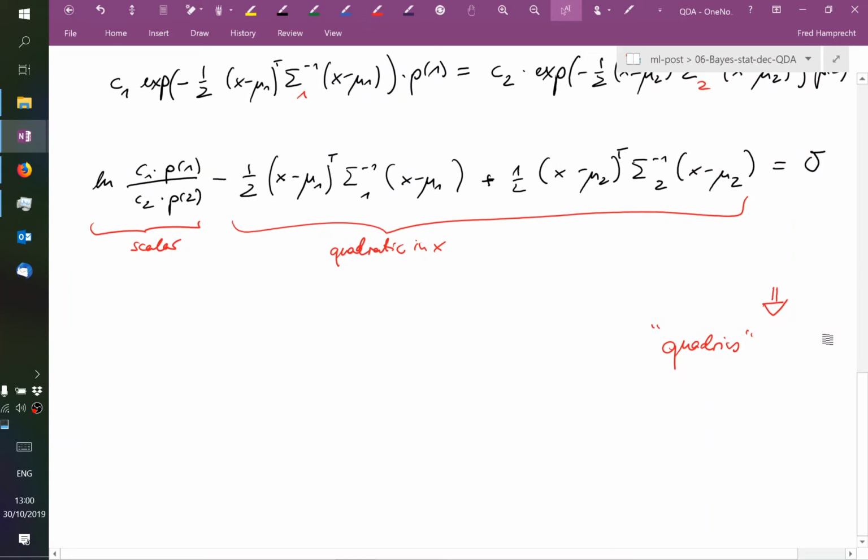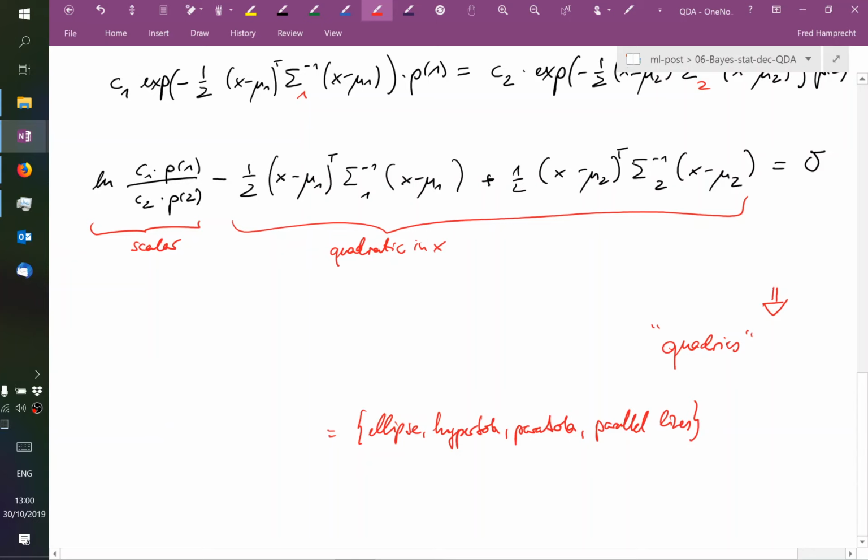And quadrics is a catch-all term for an ellipse or a hyperbola or a parabola or parallel lines, a single line or two parallel lines. These are all quadrics.